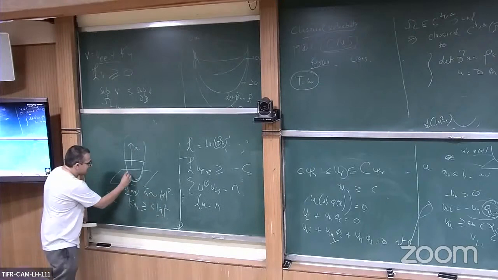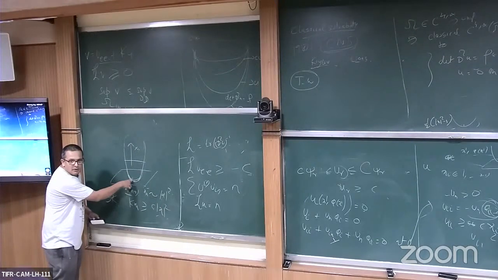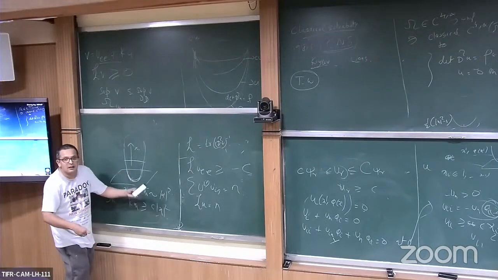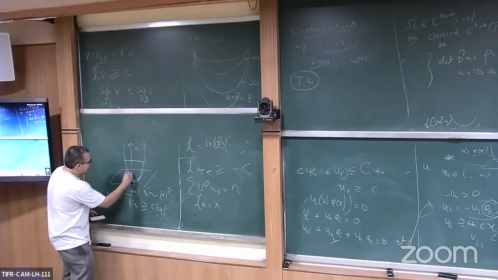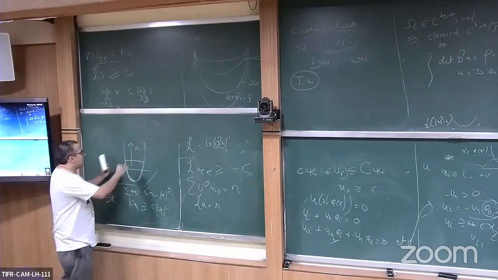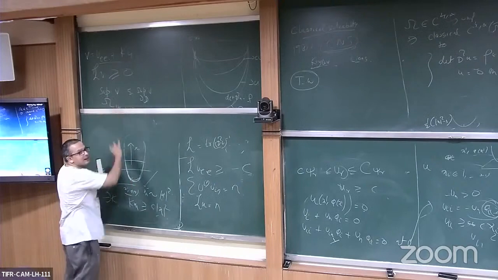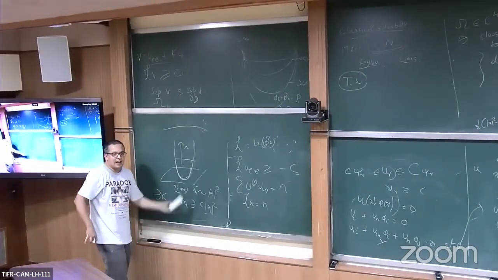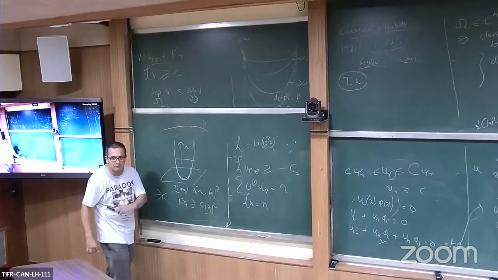Near this region, xn is going to dominate over xn square, and xn is going to dominate over x prime square by uniform convexity. And a little bit away, even though xn square will dominate, since xn cannot lie in an infinite region, it is trapped somewhere, I can cook up a big constant to say that k of xn is bigger than or equal to c mod x square.